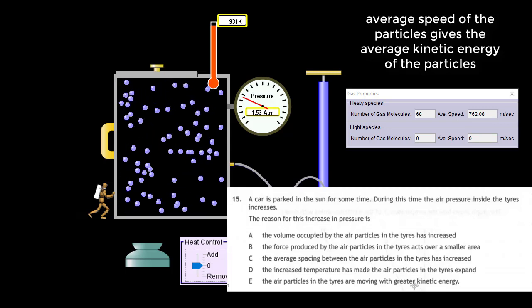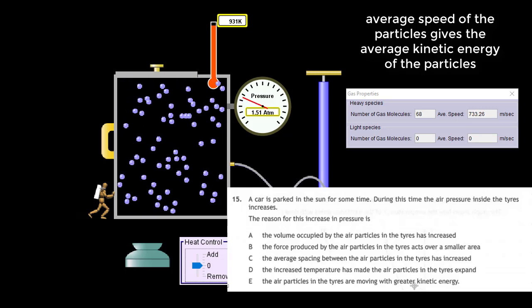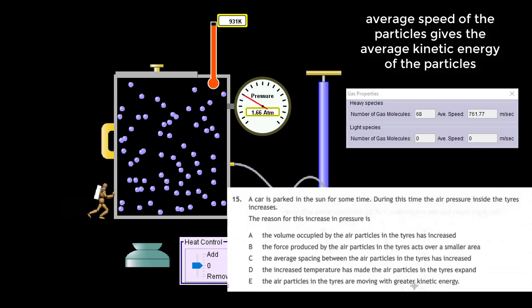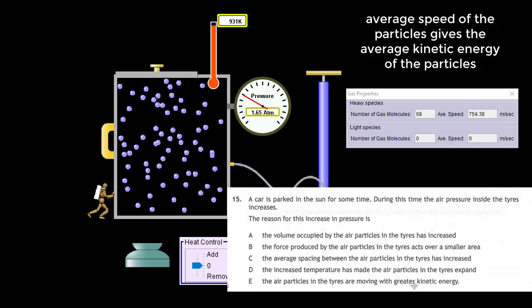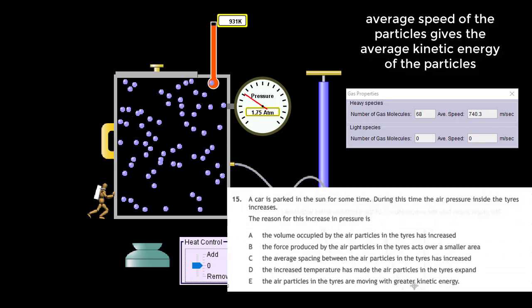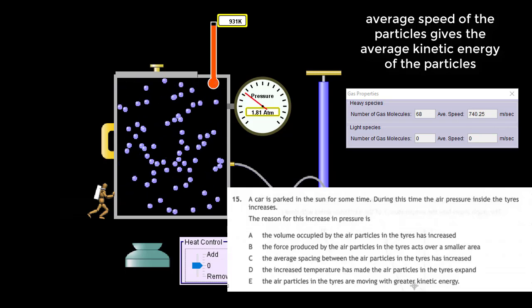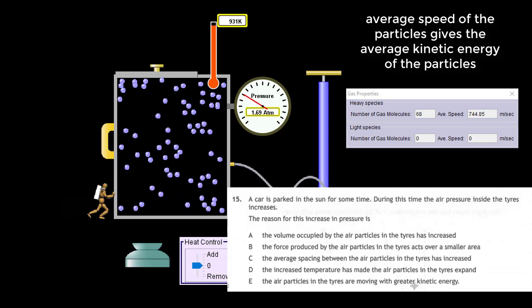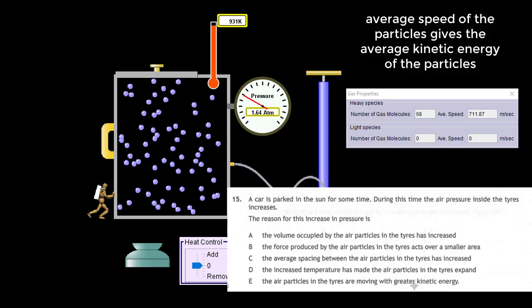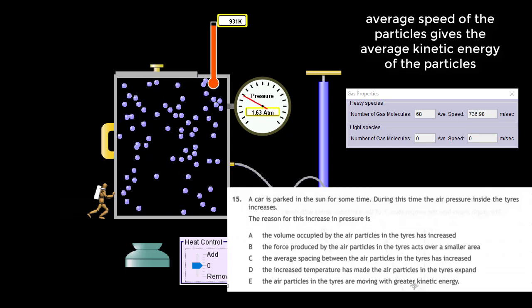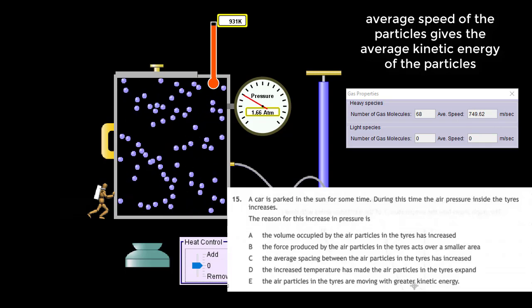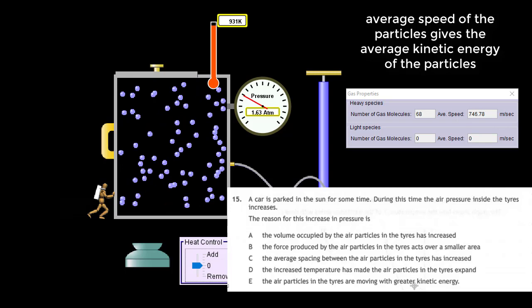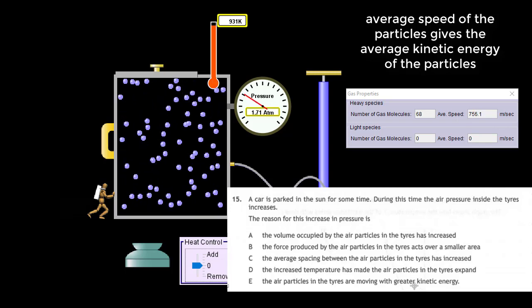Let's go through each of the statements in turn and see which is correct. Statement A: the volume occupied by the air particles in the tyres has increased. Well, the volume of the container has stayed the same, so statement A is incorrect. Statement B: the force produced by the air particles acts over a smaller area. The area hasn't changed, so that statement is incorrect as well.